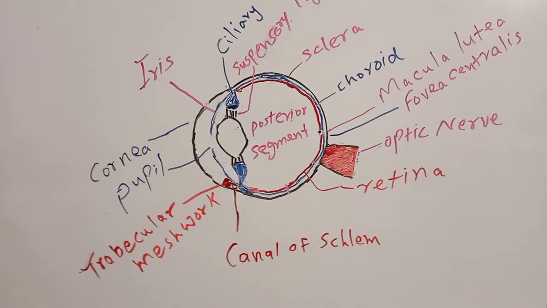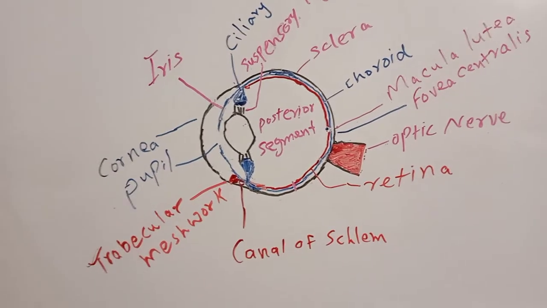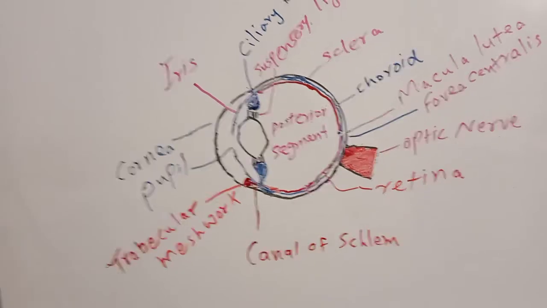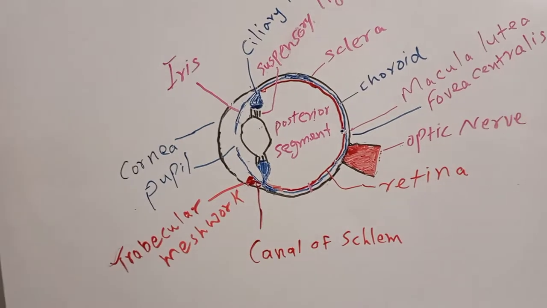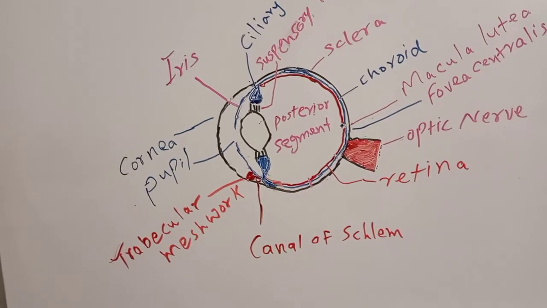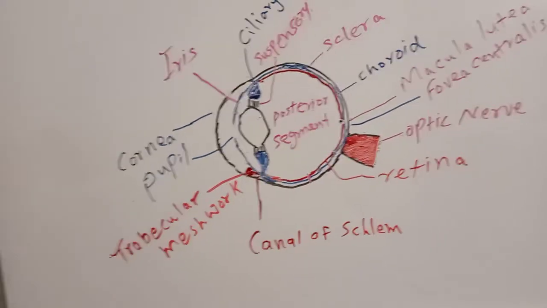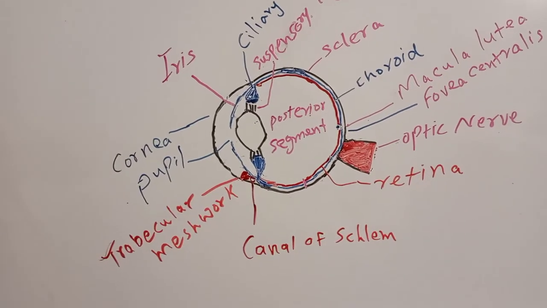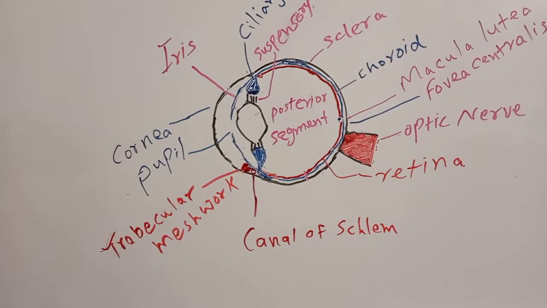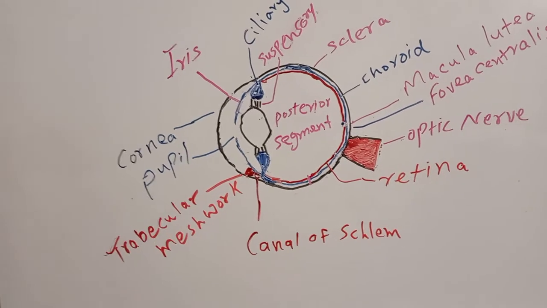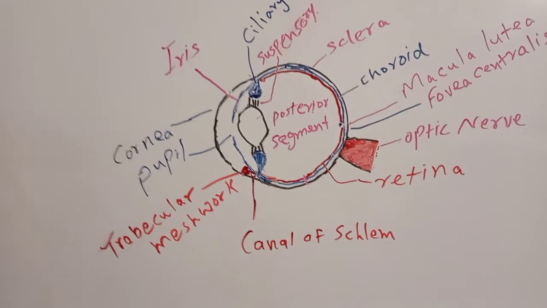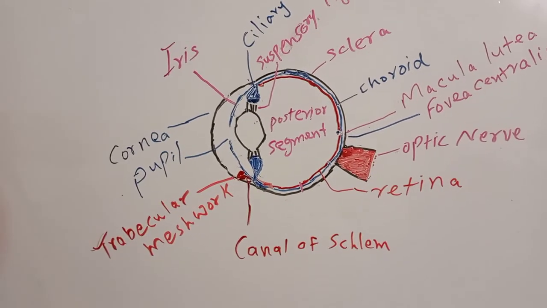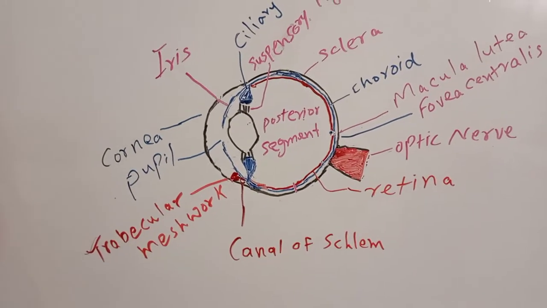When the fibers of the retina come near the center, they pass outside as a nerve, known as optic nerve. The place where optic nerve starts is known as blind spot, because here there are no cones and no rods present. We cannot see anything here.